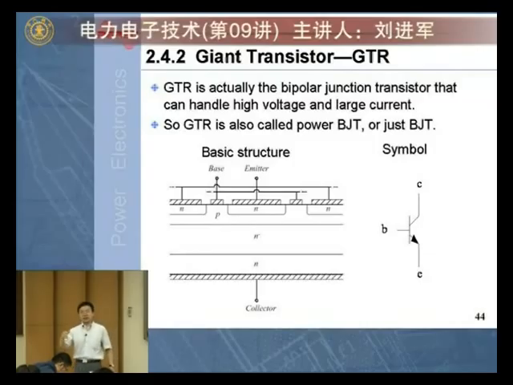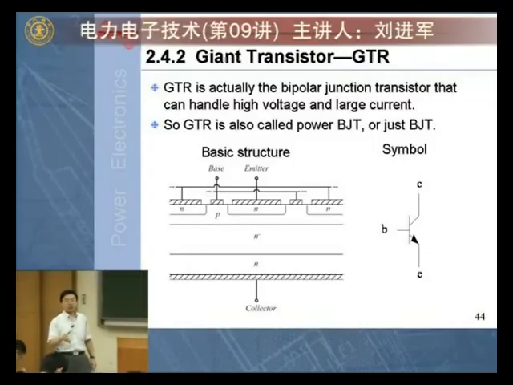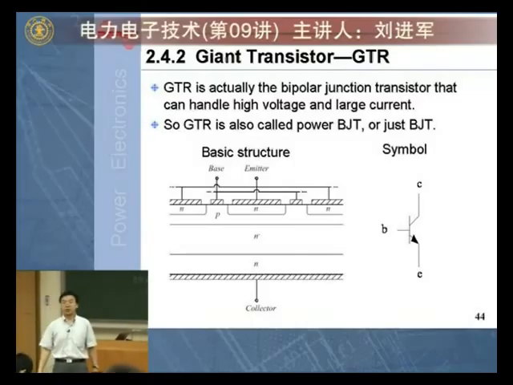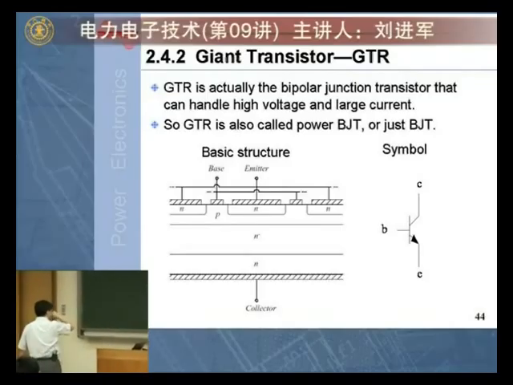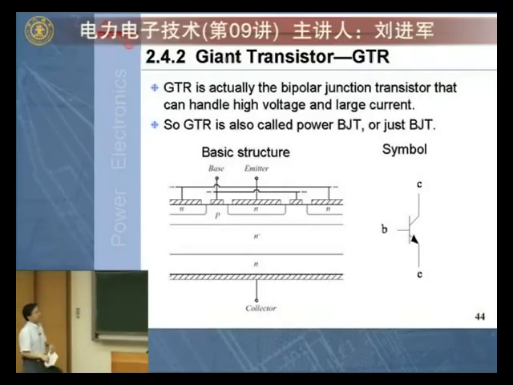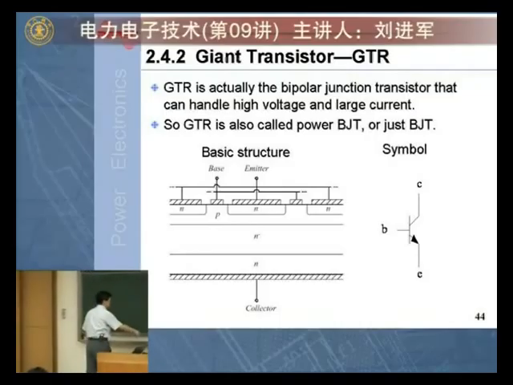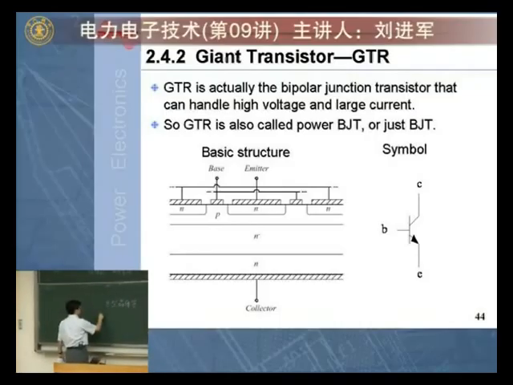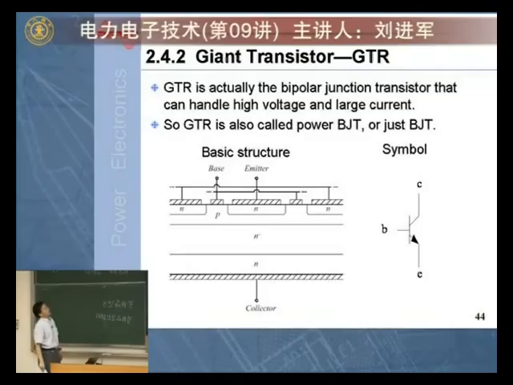The only difference is that the giant transistor, GTR, can handle very high voltage and very large current. That's the only difference. Okay? So you can see the first statement, GTR is actually the bipolar junction transistor that can handle high voltage and large currents.